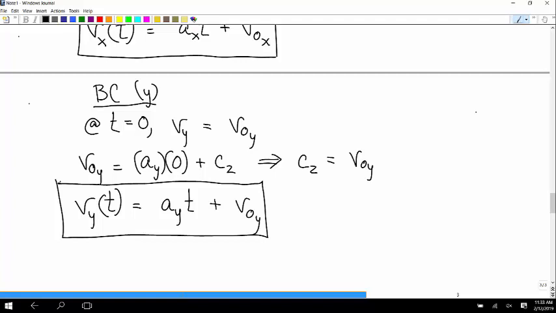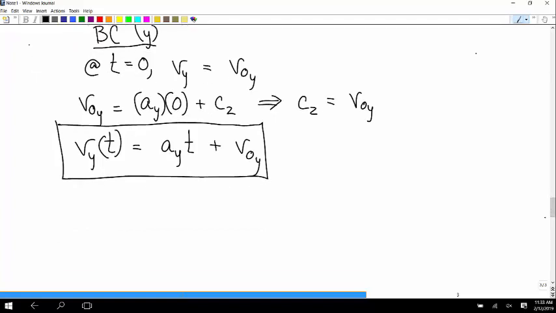Okay, you can put those two together, and you get that the velocity vector as a function of time is equal to the acceleration vector times t. I'm going to rearrange this and write it as v0 vector plus a times t.